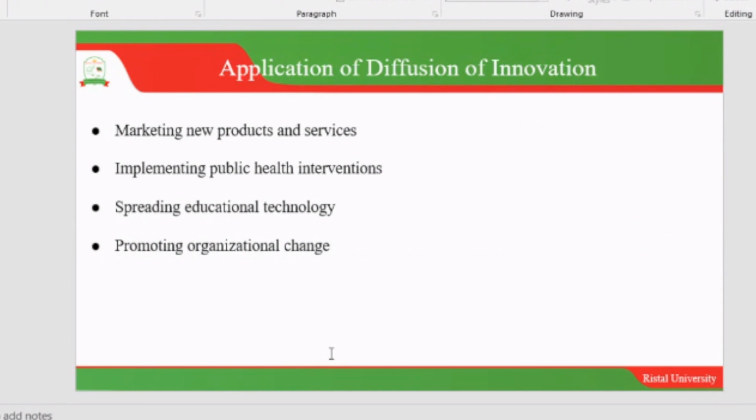So in public health interventions, it is very key to understand some of these aspects that will help you to diffuse or to enable your innovation to be adopted by the target population. Then spreading of educational technology and also promoting organizational change, because all these require you to look at aspects of social system characteristics like the norms, the beliefs, the attitudes, and all that we looked at.